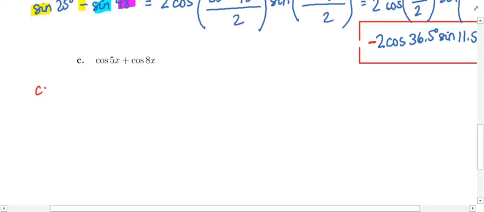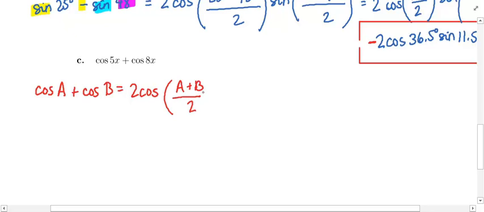We know that the cosine of A plus the cosine of B is equal to 2 times the cosine of A plus B over 2 times the cosine of A minus B over 2. So we just need to match up our expression with this identity.